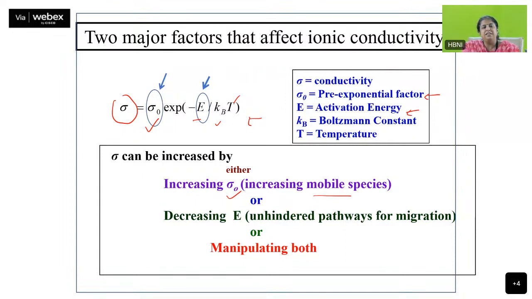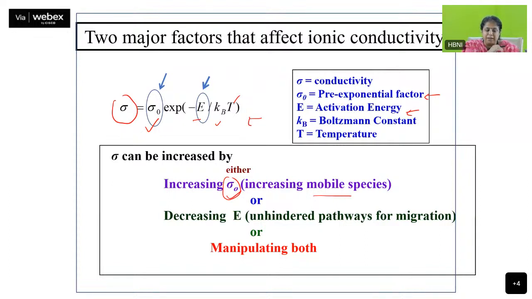That is a general sense: if you want to increase the conductivity, either you would want to increase the number of charge carriers, or you would want to make the conditions suitable for them so that they are mobile enough, they can easily carry without any hindrance. So here in technical terms, we represent it as sigma naught, the pre-exponential factor.